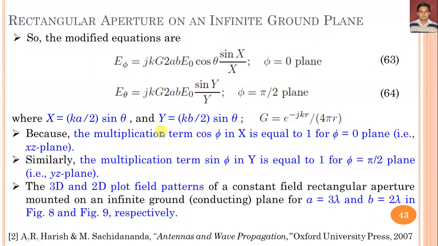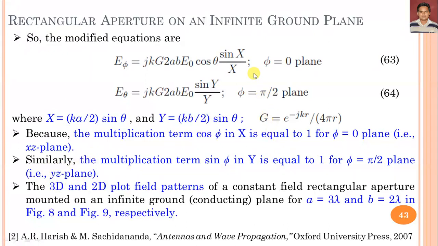Here you can see the multiplication factor cos phi, in x is equal to 1, for phi equal to 0 plane, and this plane is known as the xz plane. Similarly, the multiplication factor of sin phi, in y is equal to 1, for phi equal to pi by 2 plane, and we can say this is the yz plane.